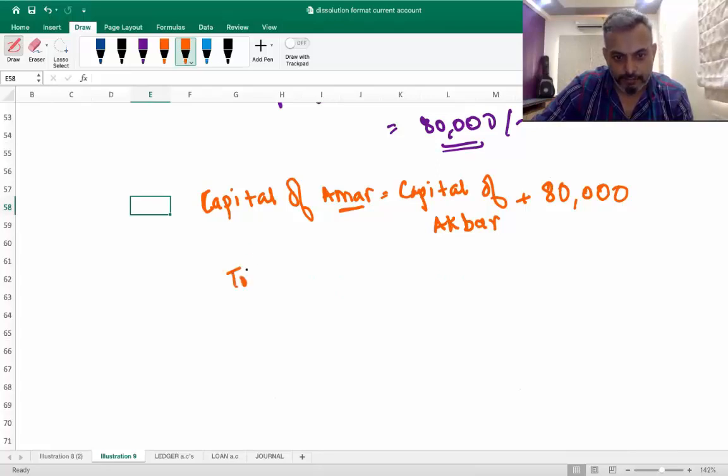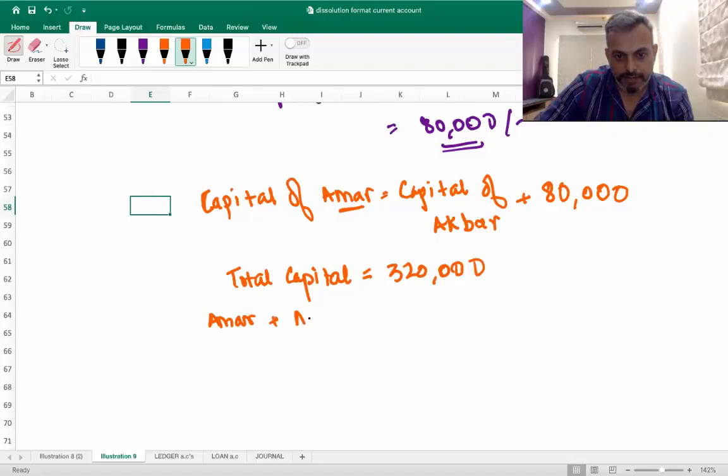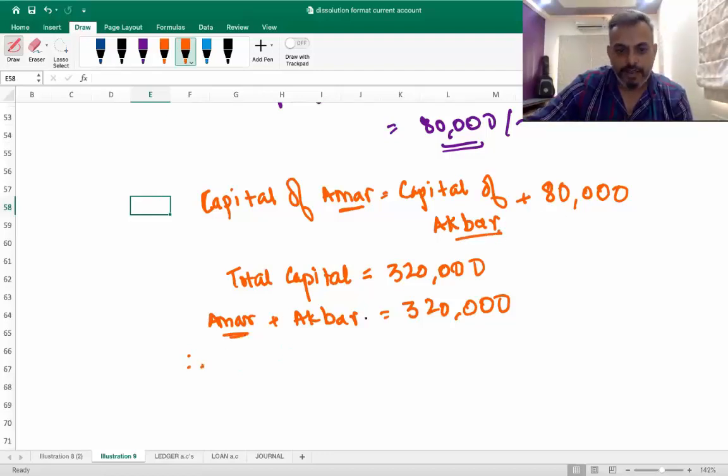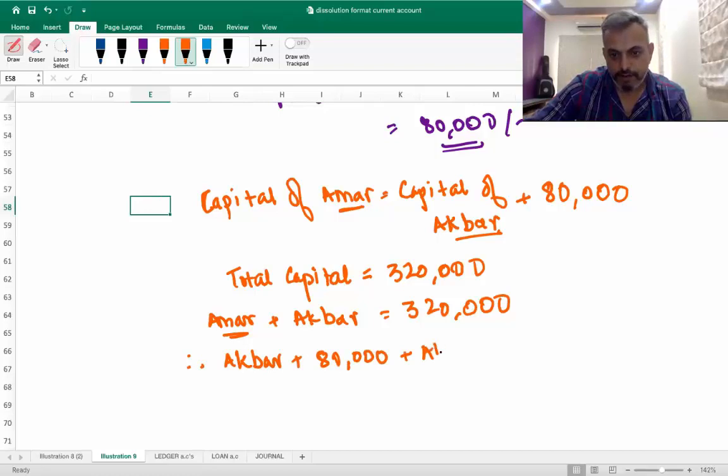Total capital is equal to 3,20,000. What is total capital? Capital of Amar plus capital of Akbar is equal to 3,20,000. Therefore, what is Amar? Capital of Akbar plus 80,000. So I'll write Akbar plus 80,000 plus Akbar.